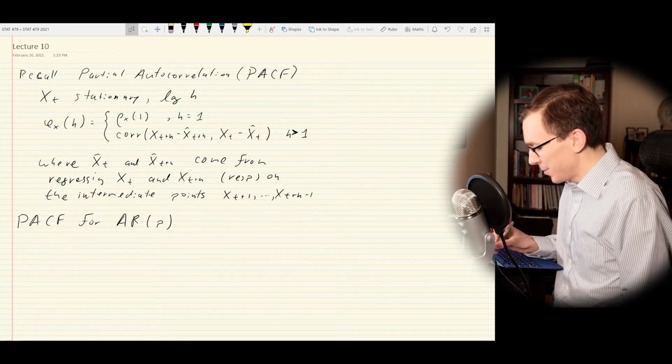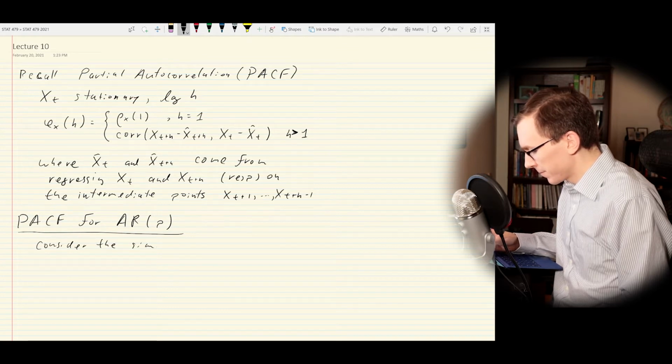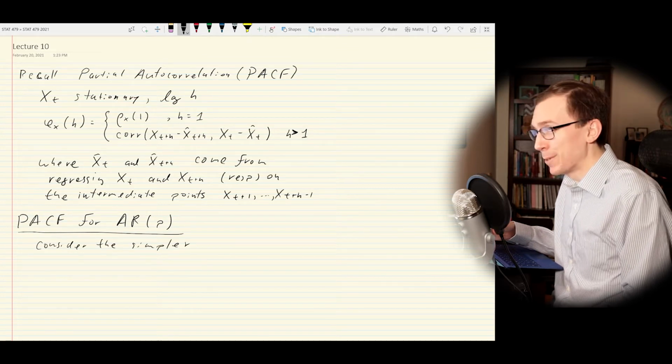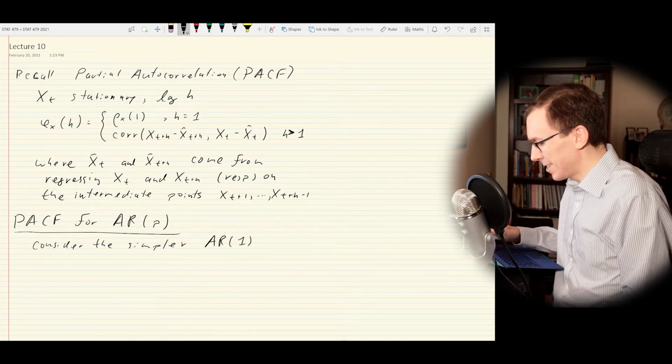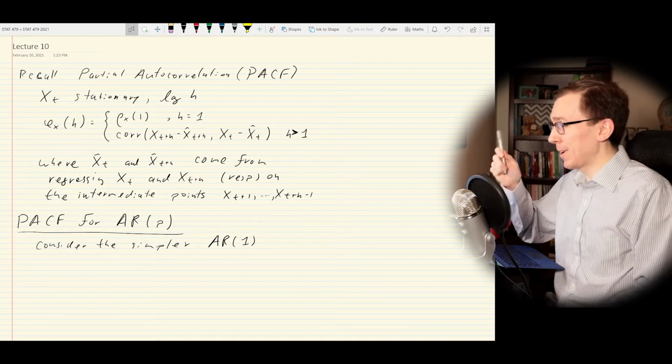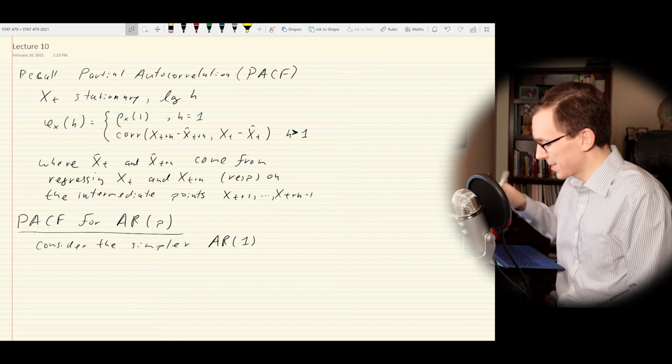The first thing we're going to do, much like last time, is consider the simpler, well, it's not simple, but it's easier than anything else, the AR(1) process, because let's start with a single autoregressive term rather than having two or more. It's just going to make things worse.